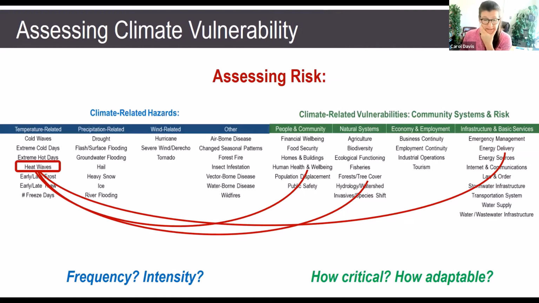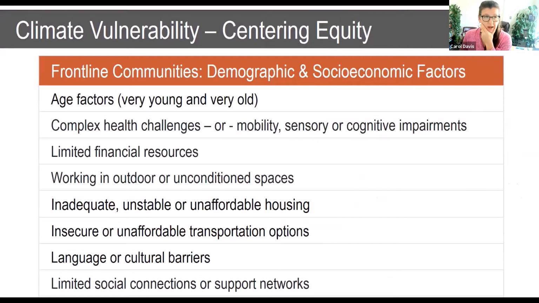So I also want to stop for a moment and talk about this factor, because when we're talking about vulnerabilities, not all people in the community are equally vulnerable. Some people are going to be impacted first and worst by climate change. And these are many of the factors that we already know make people more vulnerable in a changing climate.